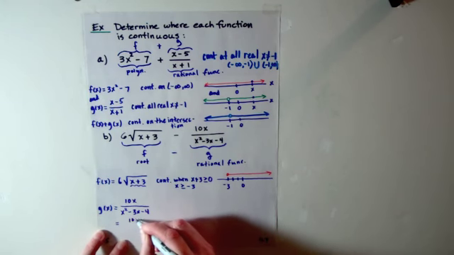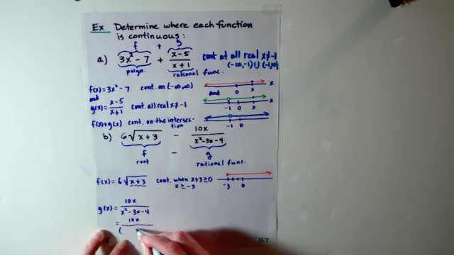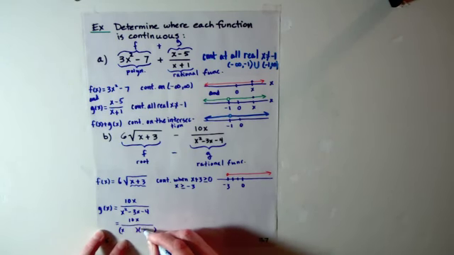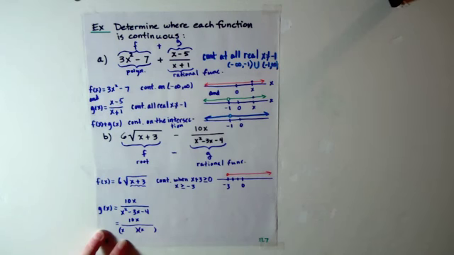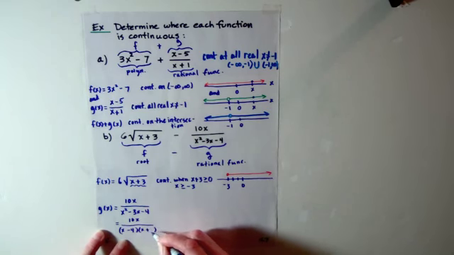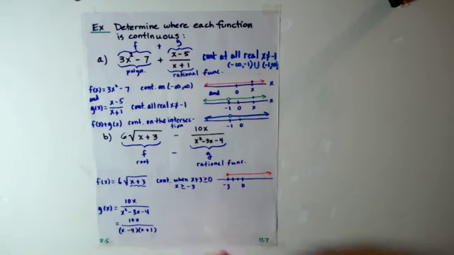It's all values of x except values that would make the denominator 0. Now in this case, the denominator is a quadratic expression, so I would want to factor that. It factors into an x and an x, and a minus 4 and a plus 1 would work. That would give me a negative 3x as the middle term.